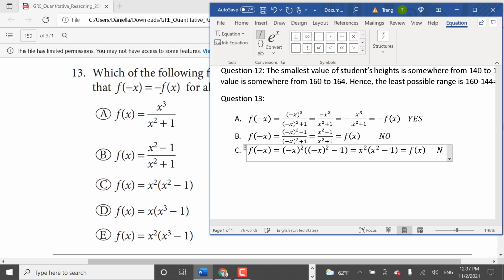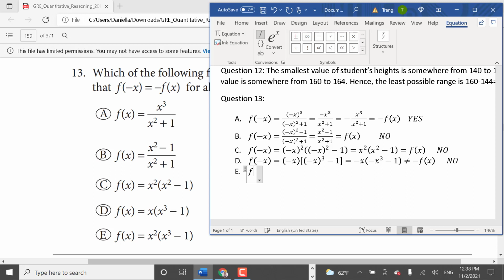So the answer for this one is no. Now we check D. f of minus x is equal to minus x times minus x cubed minus 1, and this is not equal to minus f of x. So this is also a no.